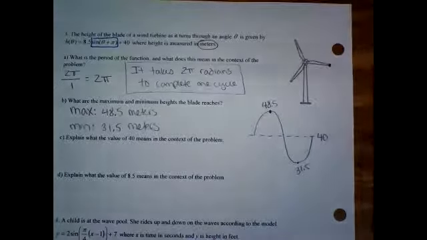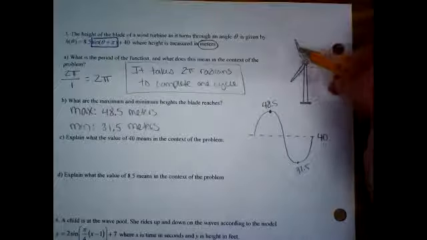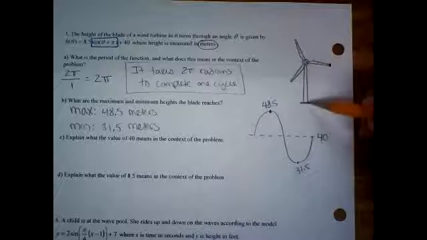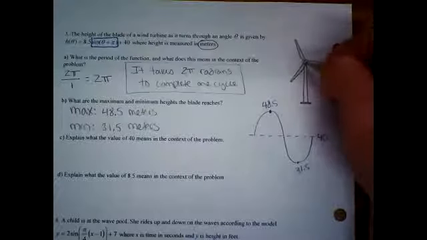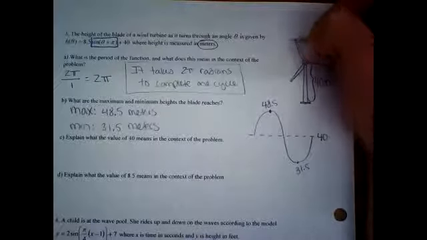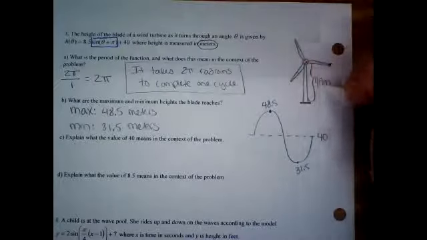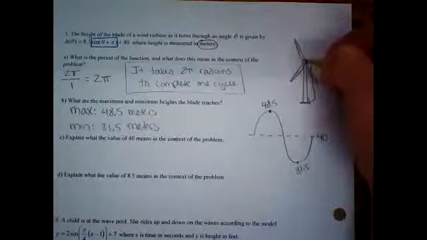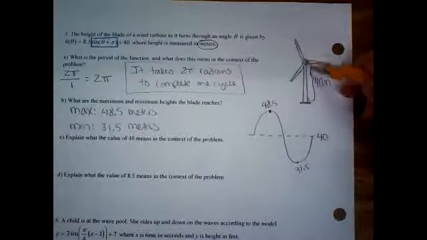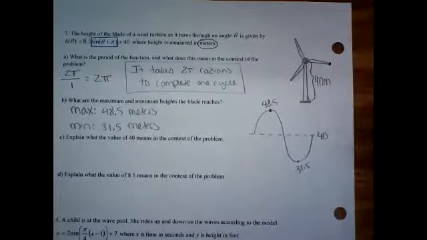Like if 40 is where you're centered, it's going to go above 40. Yeah, like this amount would be 40 meters, right? Because it's going to go up above 40 meters. It's going to go down below 40 meters. But like, yeah, the center, like what you guys were trying to say, the center there is at 40 meters. So 40 meters would be like the height of the turbine.